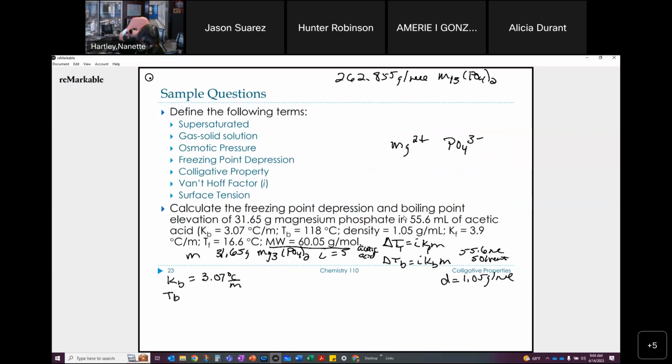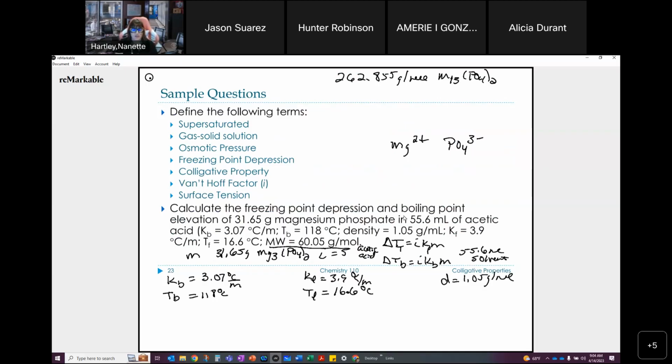My Tb equals 118 degrees C. I know that my Kf is 3.9 degrees C per mol. And my Tf is 16.6 degrees C. Just making sure I had all the information pulled out of that.